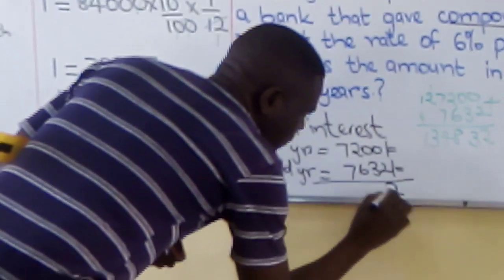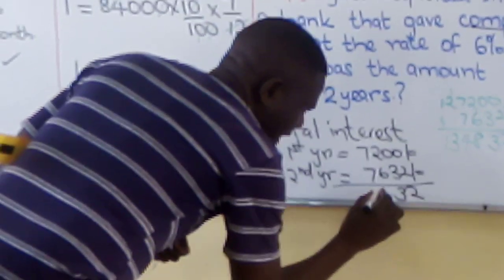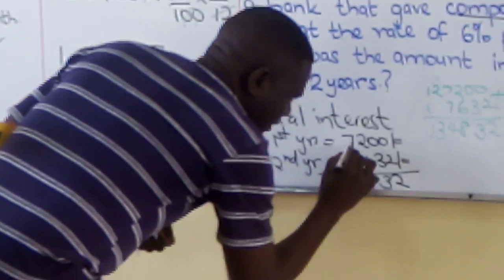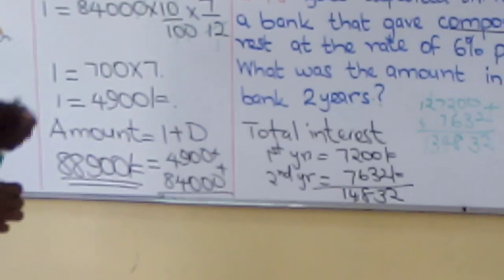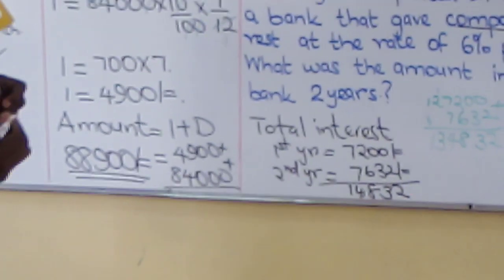That would be 14,832. That becomes the total interest earned after 2 years.